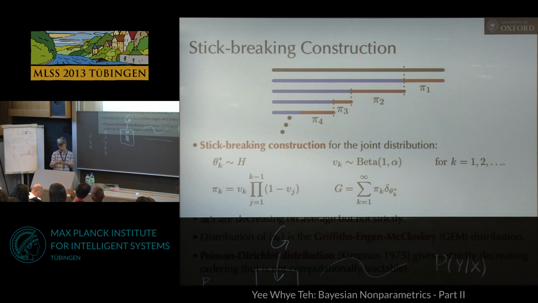And because the two-parameter CRP has this power law structure, that induces power law in this overall model as a result. So we've been trying to play around with this, but so far not successfully.